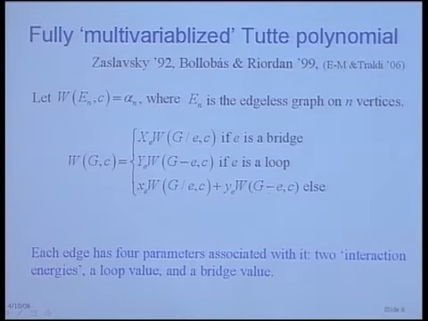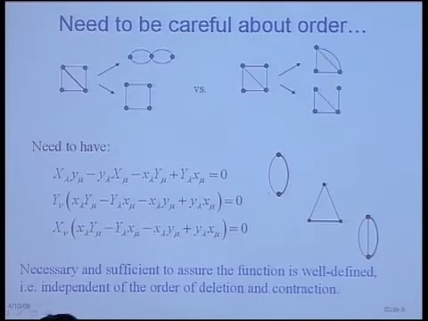You never really get what you want, though, because we're constrained here. You want to make sure that you get a well-defined function that preserves those properties of deletion, contraction, reduction, and some kind of multiplicativity. And you get constrained.